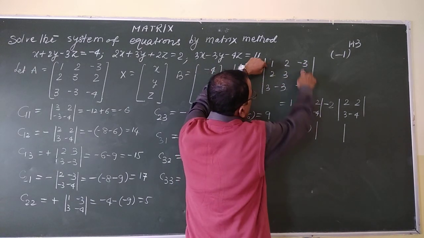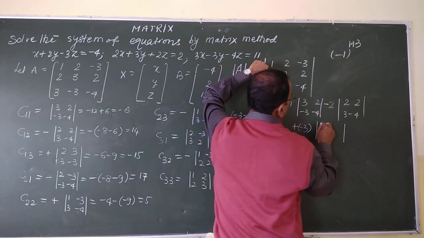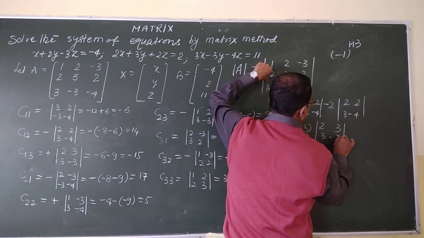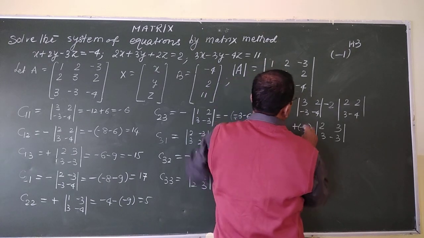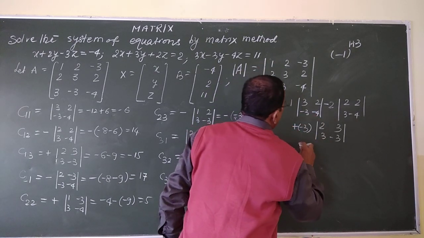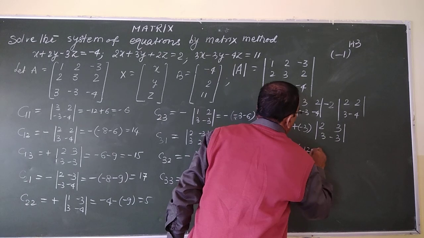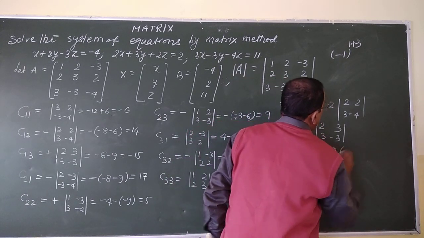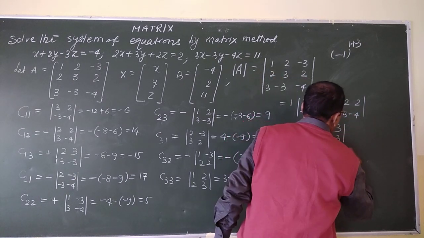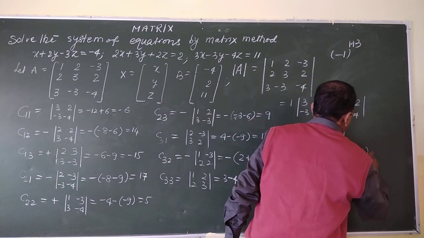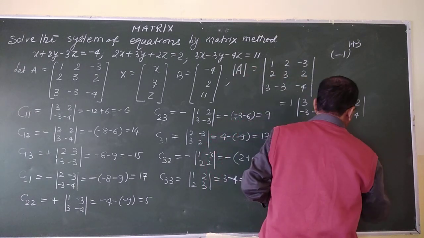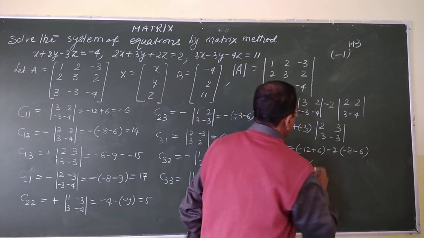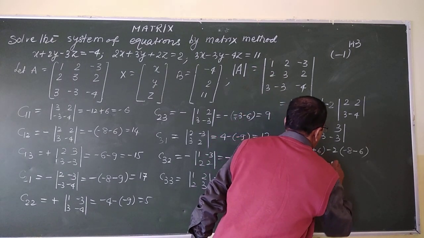Close this row and this column: 2, 3, 3, minus 3. 3 into minus 4, minus 12, minus 3 into 2, minus 6, plus 6, minus 2, 2 into minus 4, minus 8 and minus 6, and here we have minus 3, 2 into minus 3, minus 6, minus 9.